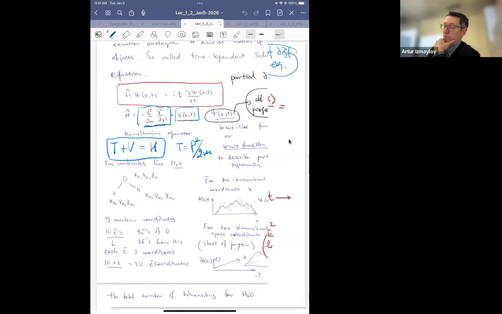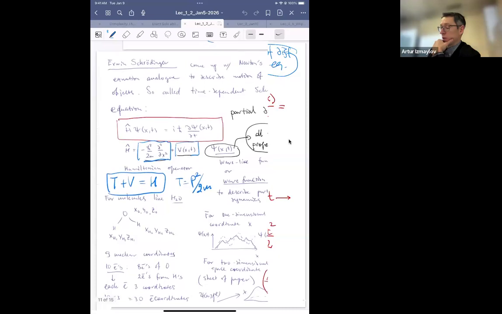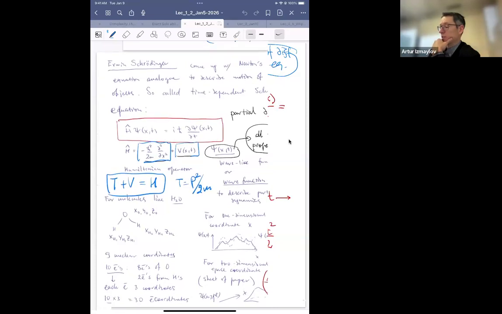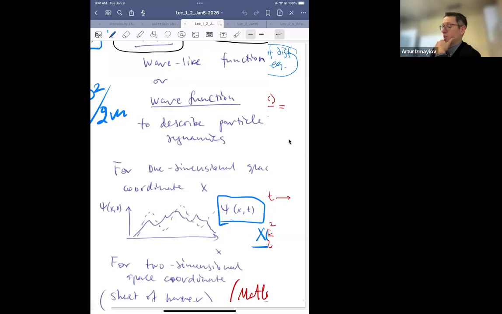But as before, in the classical case, we had x as a function of t, and that was a very simple object. It's just the position of my particle as a function of time. Now, in the case of a quantum particle, we have this wave function as a solution of the Schrödinger equation, and in the simple one-dimensional case, which we will start with, it's a function of position.